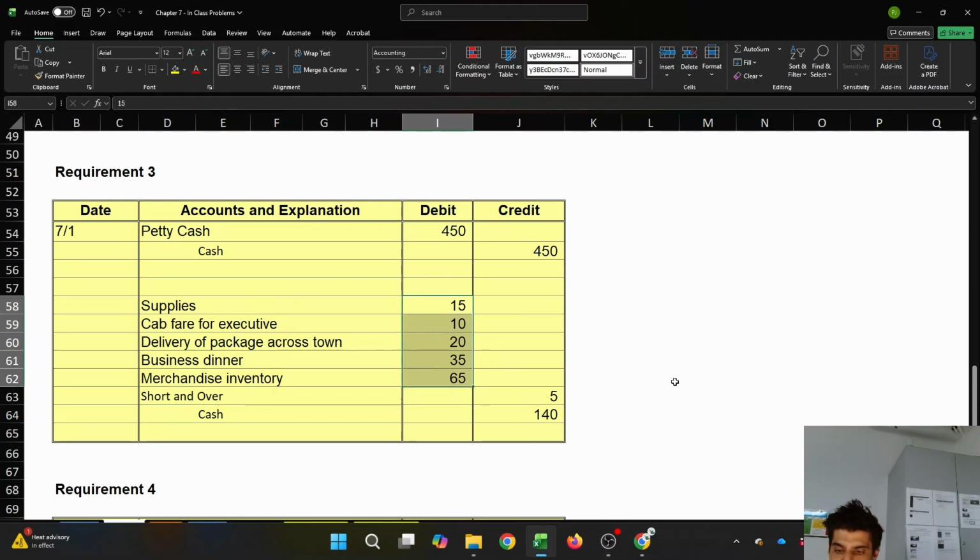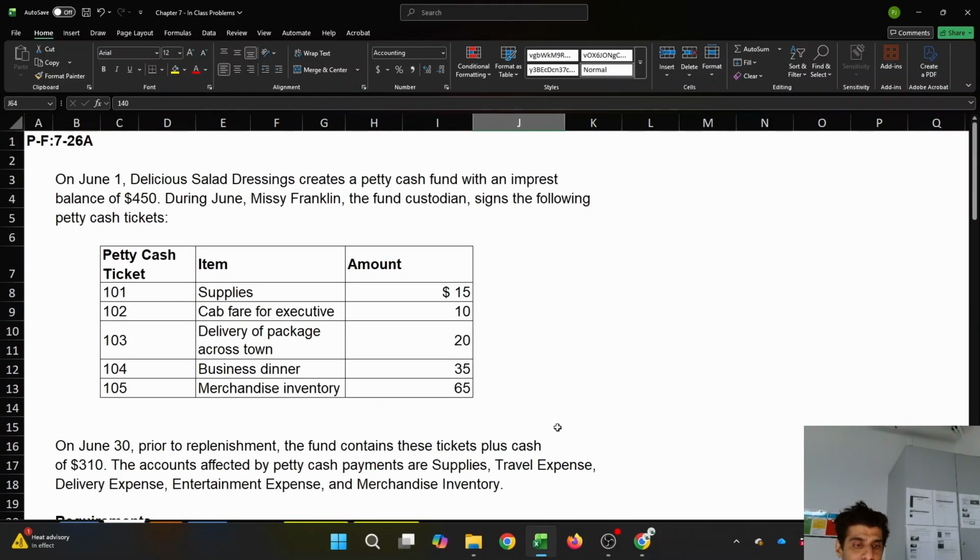It means I have tickets worth 145, but I only need $140 to replenish it. Maybe one of these tickets was an error, where I took $65 out for merchandise inventory, but it only cost me $60, and I put the $5 back in. So I was over by $5.